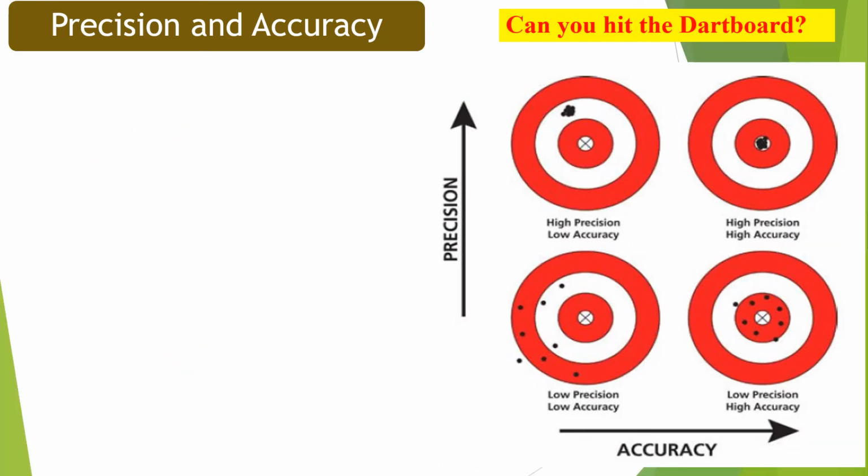On the right side, these two dartboards represent the experiment done by Mr. Fahad, and on the left side, these two dartboards represent the experiment done by Ms. Hania. We have taken two axes, x-axis and y-axis. On the x-axis, accuracy is increasing. On the y-axis, when we move upward, precision is increasing.